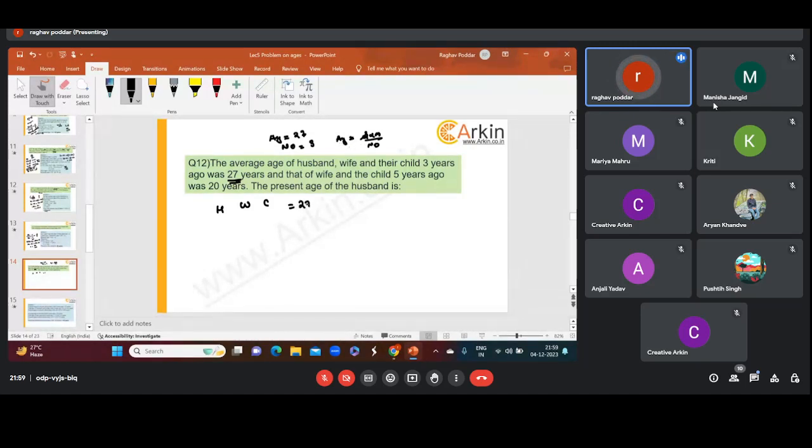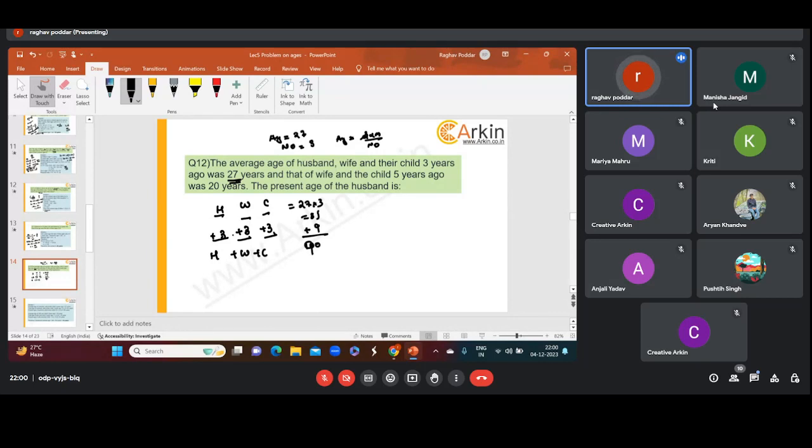That would be 27 into 3, which is 81. Now, this is 3 years ago. So if I want to come to present, I will add 3 to it. I will add 3 to husband, 3 to wife, and 3 to child. That means how much am I adding? 9 years more. So their present age of husband, wife, and child would be 90 years.